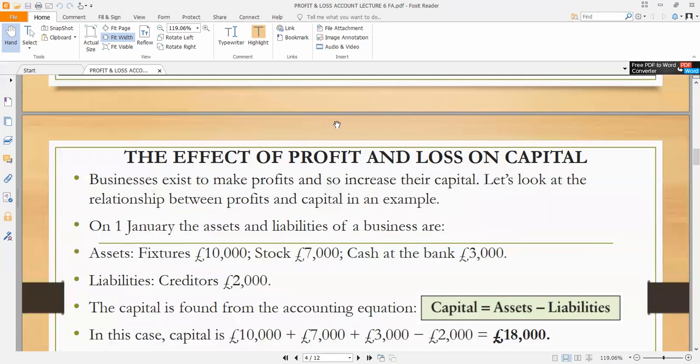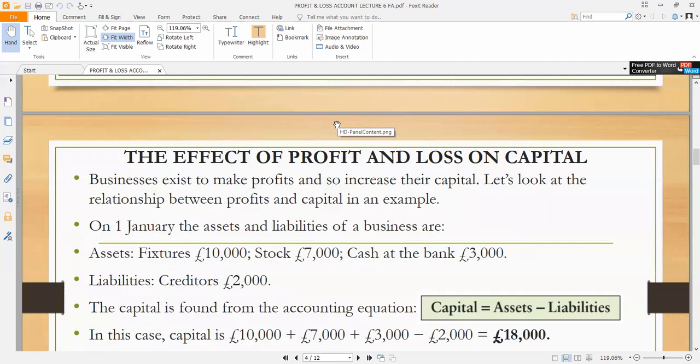Remember, assets are of different types as we looked at in the other lectures. So we've got 10,000 pounds. Then stock, we've got a stock of 7,000 pounds, and the cash at bank is 3,000 pounds. So of course, as you can see there, that lands us at a total of 20,000 pounds.